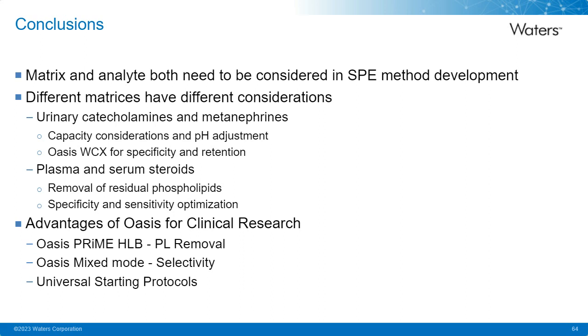And so some of the advantages of Oasis for clinical research methods, really we're talking about cleanliness, selectivity for HLB and mixed mode sorbents, as well as universal starting protocols and clearly designed methods to allow you to optimize and quickly get to a clean, efficient sample prep method.